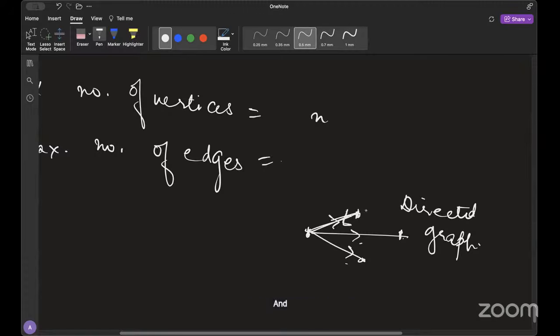And these two are counted differently. If you have this edge and this edge in a directed graph, then these are counted as 2 edges, not 1. So it's generally given like this, V1 to V2, and they are counted as 2 in directed graphs. In an undirected graph, it's counted as just 1.